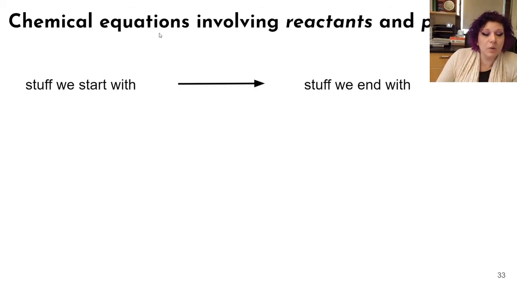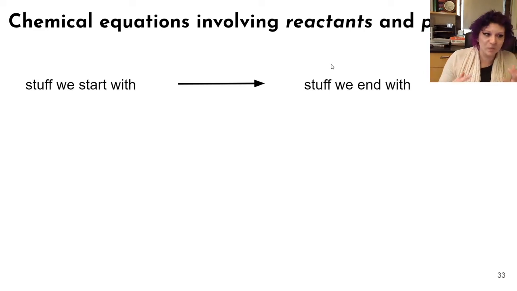Chemical equations involve reactants and products. These are specific terms that we use in chemistry for chemical reactions. In more layman's terms, this is the stuff we start with and the stuff we end with. And in chemistry, we like to get pretty specific with this stuff. We don't like to just pretend something vanished.